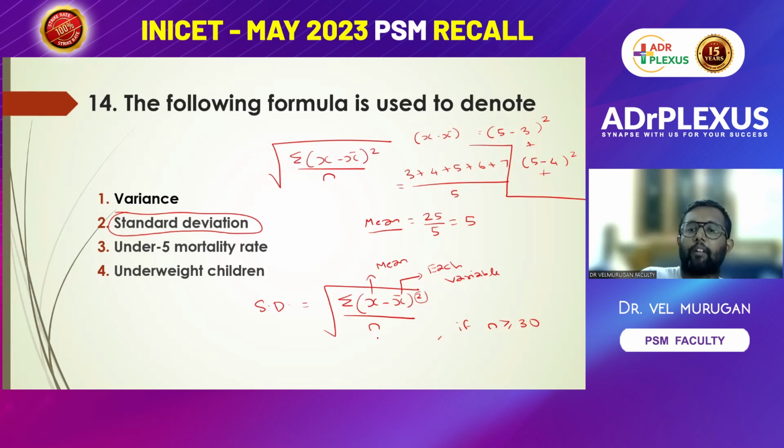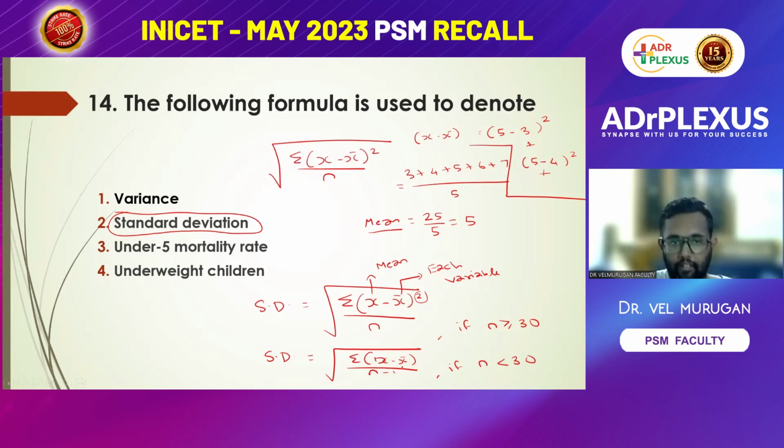Then you divide this number by n and take the square root if n is more than or equal to 30. In case n is less than 30, we have to use n minus 1. This is the formula for standard deviation.